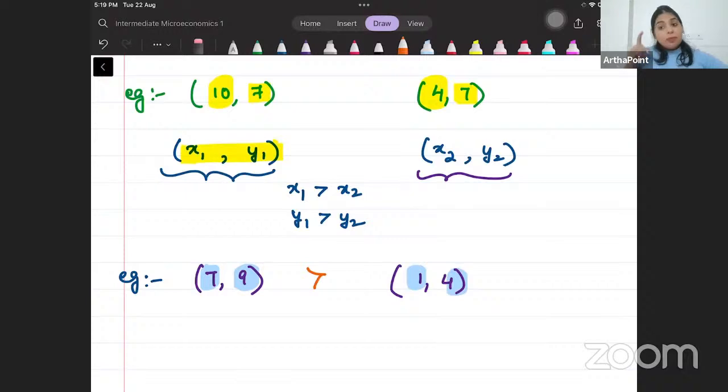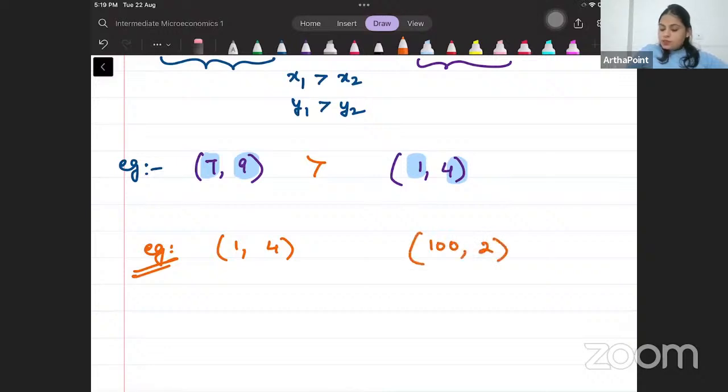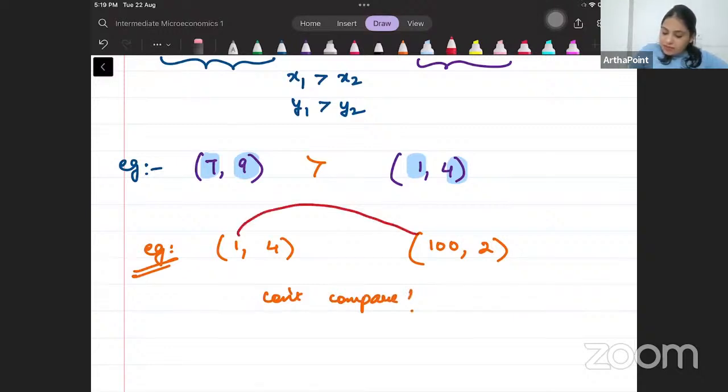Check it. But suppose you have two bundles. Just one is 1,4 and other suppose is 100,2. Then you cannot compare. क्यों? क्योंकि इसमें गुड x बढ़ रहा है और इसमें गुड y बढ़ रहा है. Then comparison is not possible.